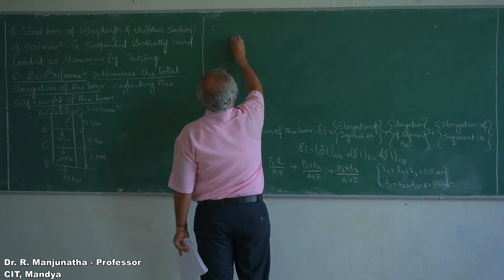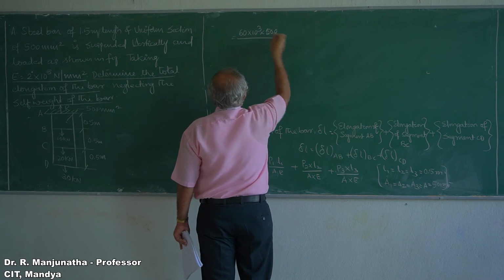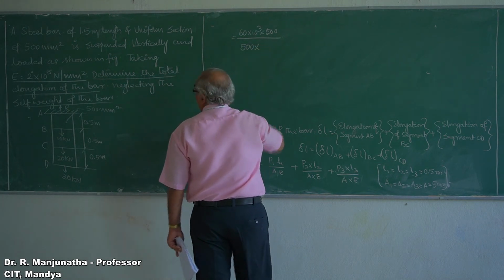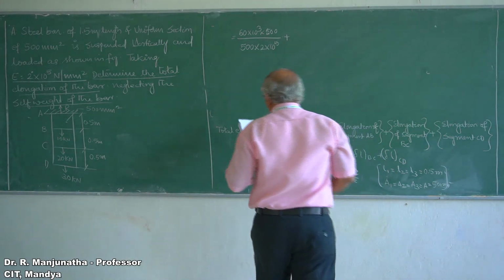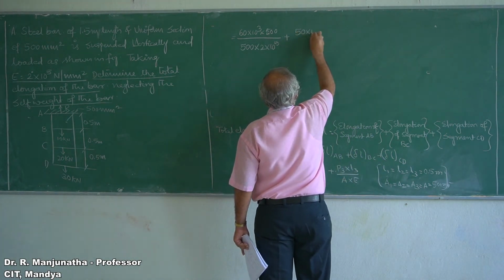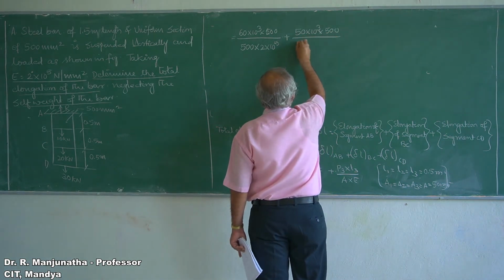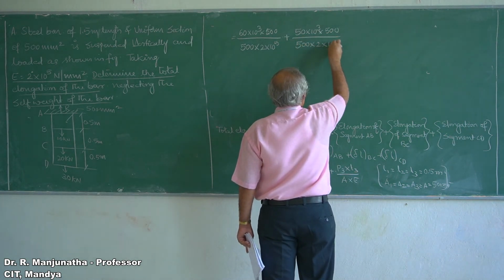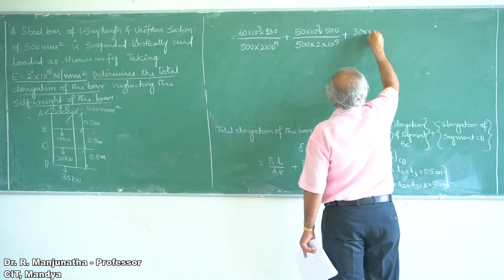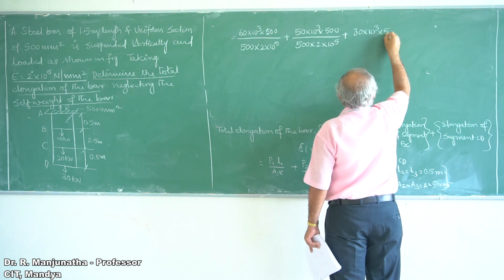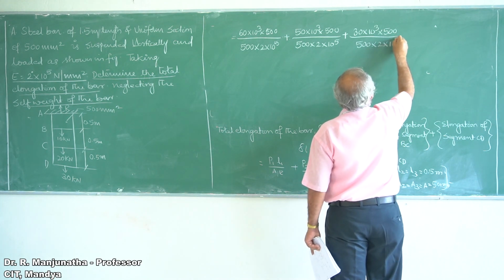P1 is 60 into 10 to the power of 3, into the length of the specimen, 0.5 meters, that is 500 mm, divided by the area of cross section 500 into Young's modulus 2 into 10 to the power of 5, plus P2 is 50 into 10 to the power of 3 into L2 which is 500, divided by the area of cross section 500 into 2 into 10 to the power of 5, plus again 30 into 10 to the power of 3 into L3 which is 500, divided by 500 uniform cross sectional area into 2 into 10 to the power of 5.